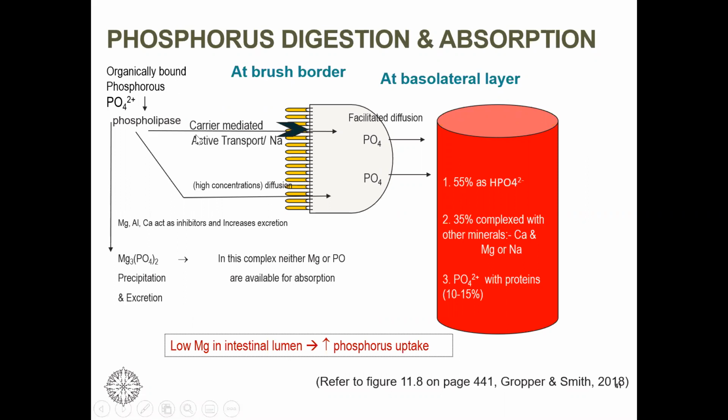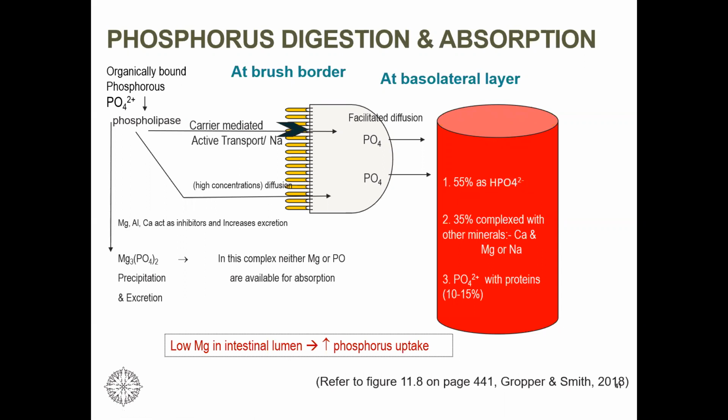Okay, vitamin D. Is that one now clear? I've repeated how vitamin D is supporting: it oversees the making of phospholipase as well as this transporter. Then in the blood, there are different forms of phosphate moving around. 55% is as phosphate, HPO4 2 minus.